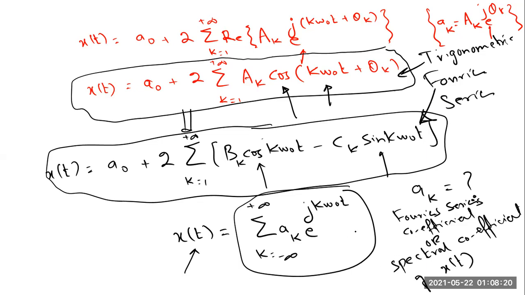Once I derive the expression for ak, I will solve one example, and that example will help you understand why we are calling ak the spectral coefficient of x. First, let's find out how to determine ak. Okay, so this is the equation.